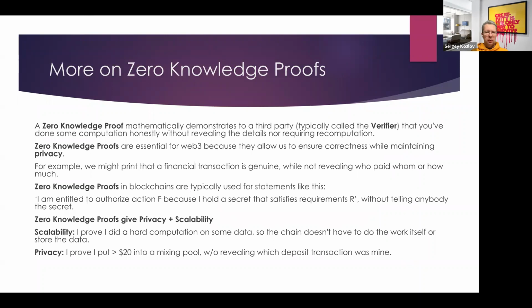Why do we use zero knowledge proofs? Strictly speaking, we do not need a blockchain to work with zero knowledge proofs. The technology may work without any blockchain, but it's very useful for blockchains for two key reasons. First, it's scalability. When the proof is generated, it's a quite complex, computationally intensive task, but the verification is very simple.